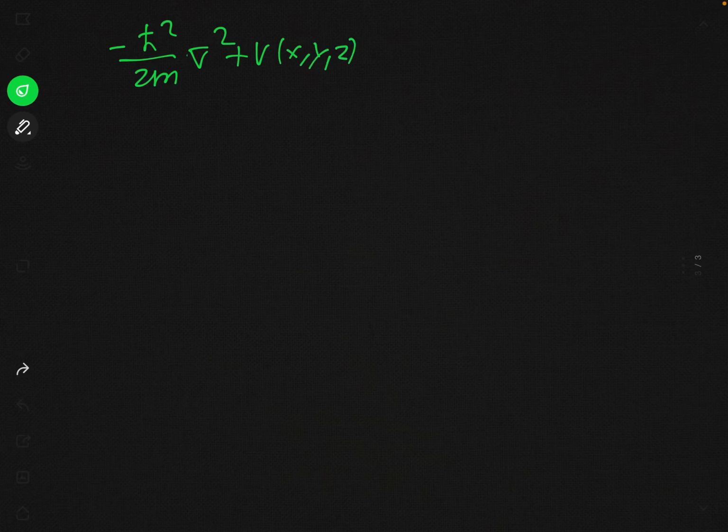This will be minus h bar square over 2m times h minus h bar square del square plus V of x, y, z operated on phi of x, y, z.